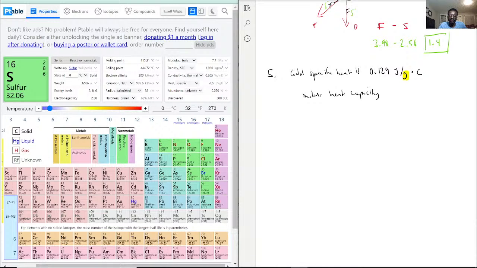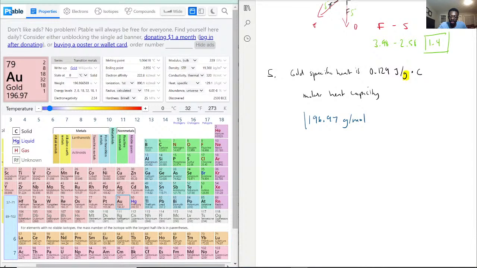So the one thing we do need is the molar mass of gold, which in this case, because it appears in nature as just gold by itself, is just going to be the atomic mass. So if you look at the periodic table here, gold is all the way down here, and the value is 196.97 grams per mole.